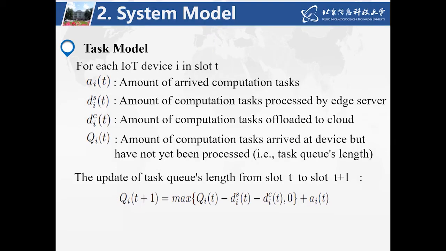Then we give the system model. We divide the system model into 3 parts. They are task model, cost model, and the utility model. On this page, we first introduce the task model.